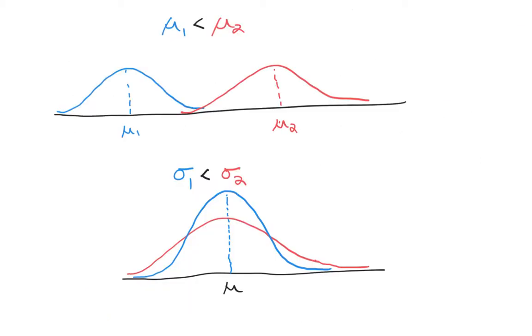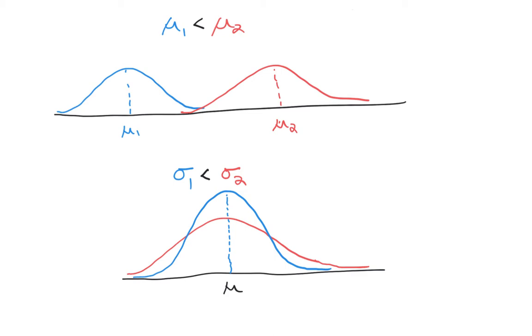Now to get a flavor of how these parameters, the mean mu and the standard deviation sigma, affect the look of a normal distribution, I'll show what happens when you change both.